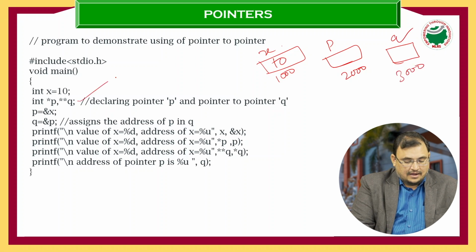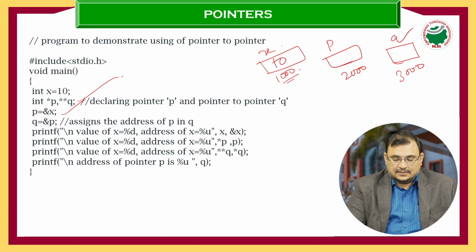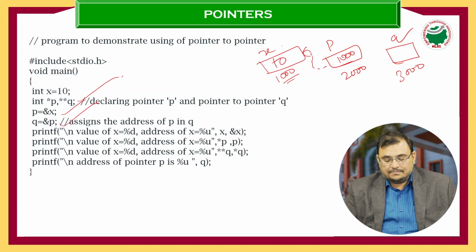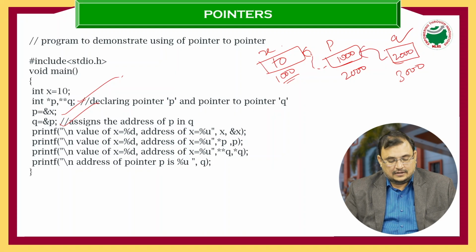After this, p is equal to ampersand x. What is the address of x? That is 1000. 1000 is stored in p, which means you are creating a logical link like this. Then q is equal to ampersand p, so the address of p, the address of a pointer, is stored in the pointer to pointer. So a logical link is created like this.